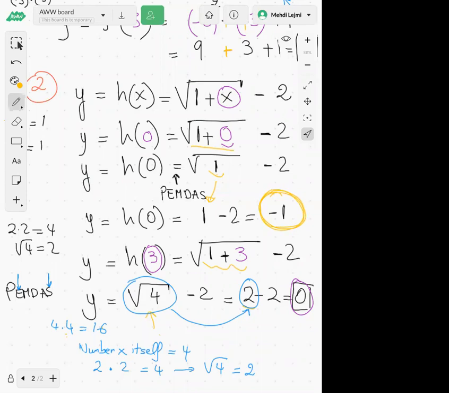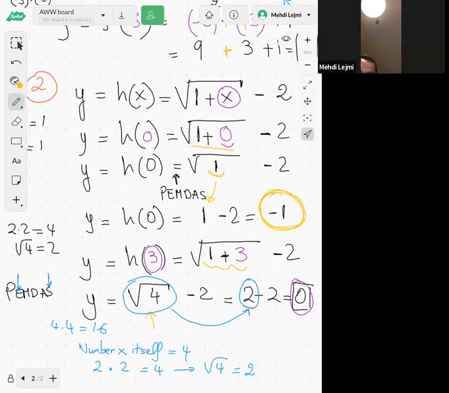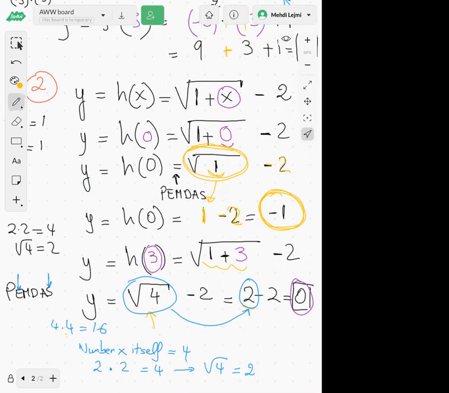So you see this is the square root of 1 here. So what I'm saying is the square root of 1 is 1, right? And then there's this -2. So 1 minus 2.